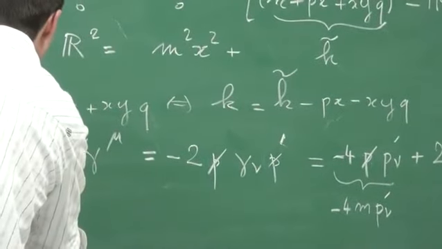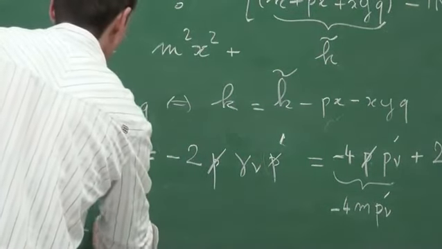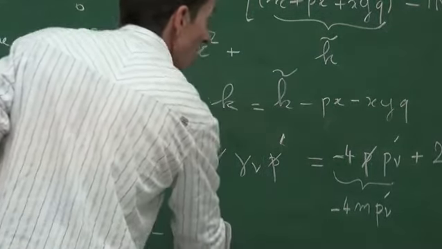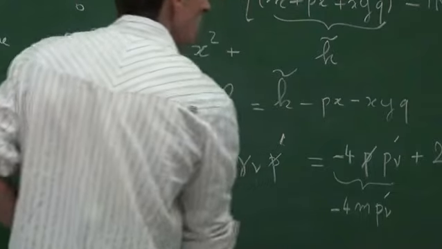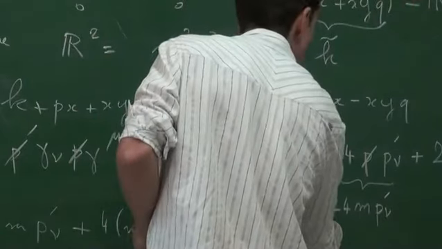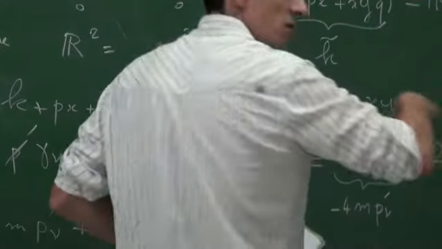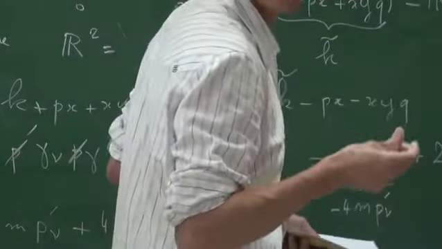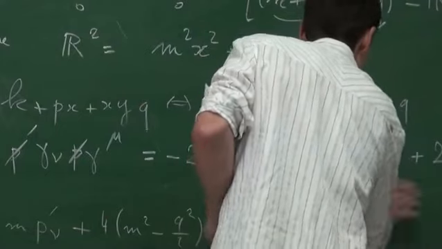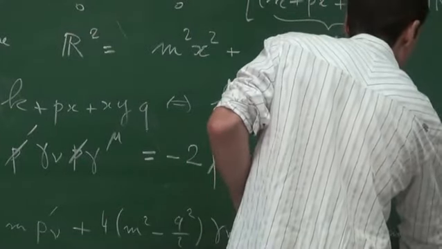Minus 4m gamma mu plus 4 times m squared minus q squared over 2 times gamma nu, plus this that will change, so minus 4m squared gamma nu because p slash by the Dirac equation is the mass. And then the last one plus 2 p mu.